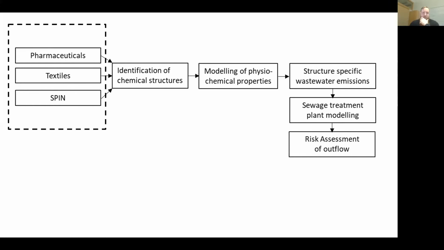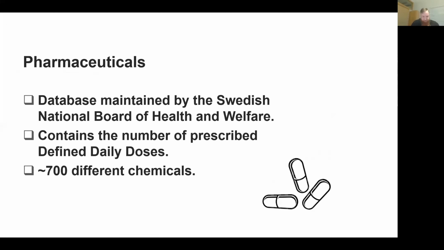We will start with the data collection, and we start off with the pharmaceuticals. We have had in Sweden a database which was maintained by the Swedish National Board of Health and Welfare, which contained a number of prescribed defined daily doses. Worth noting here is the word prescribed. That means that we're looking only at prescription drugs and we're omitting everything that is sold over the counter.